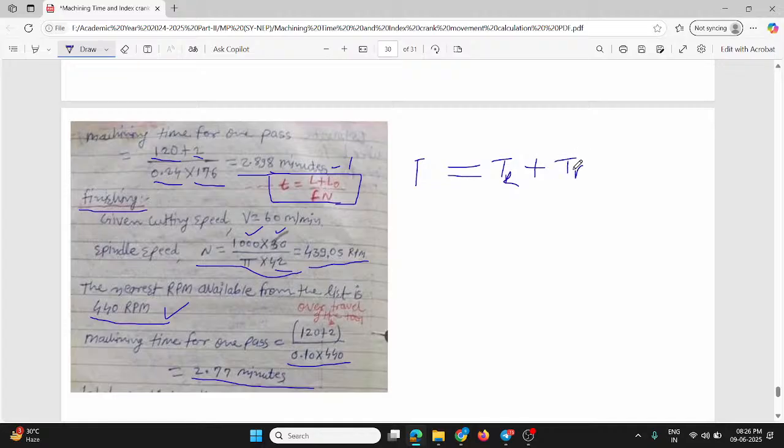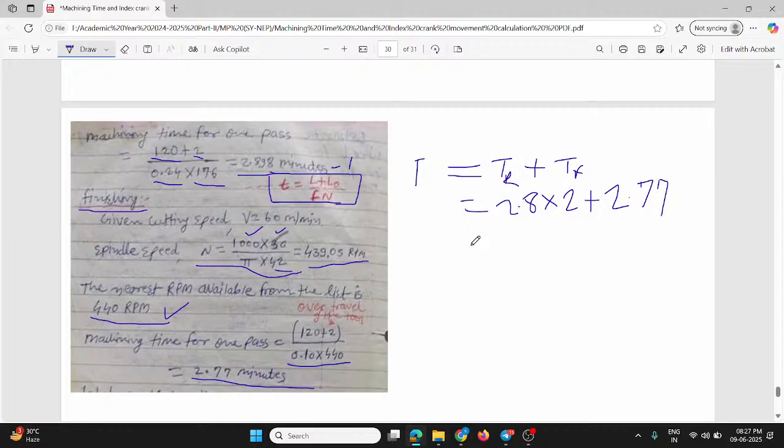The machining time for roughing cut that we have calculated is 2.898, multiplied by 2 because 2 roughing passes are going to be there, plus the machining time we have calculated for the finish cut, that is 2.77.